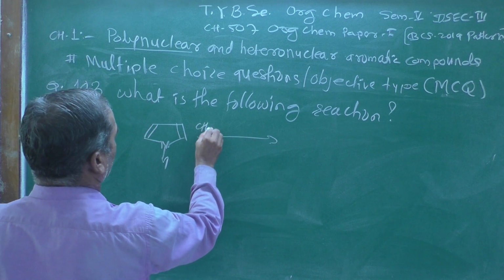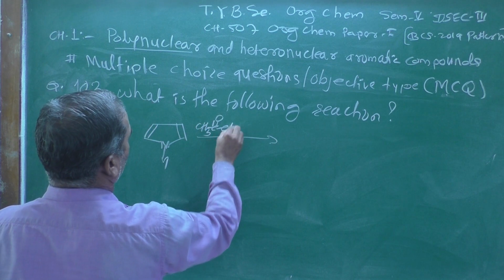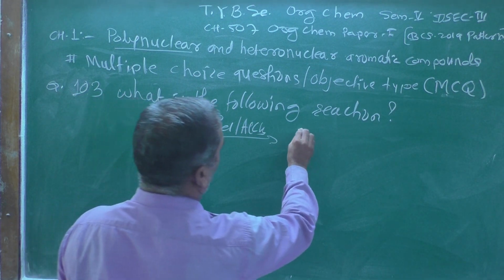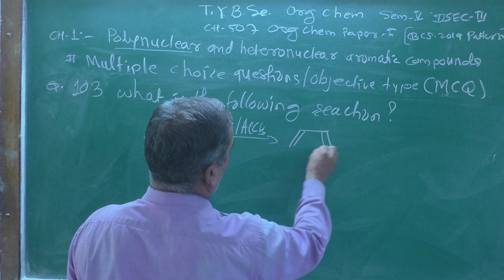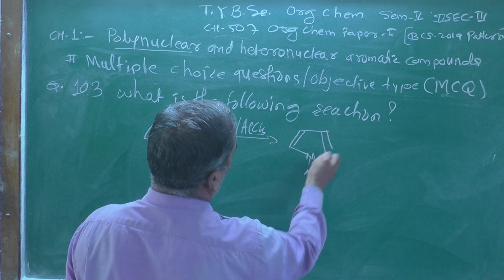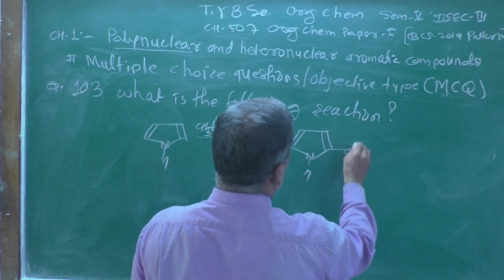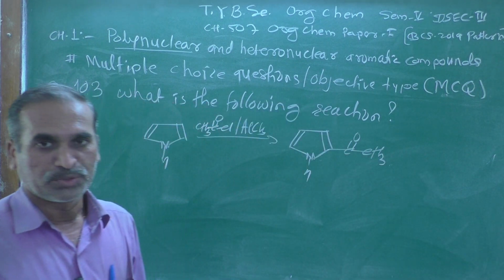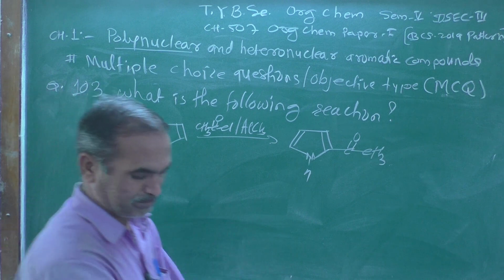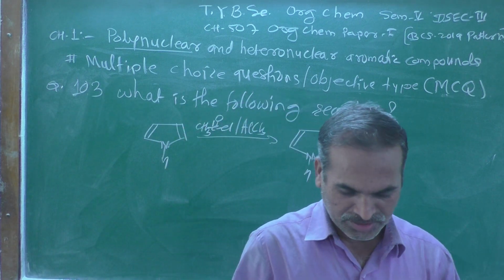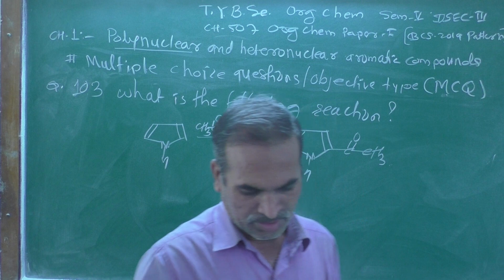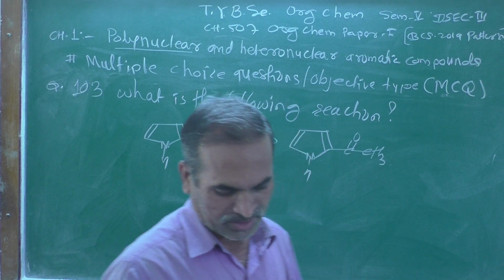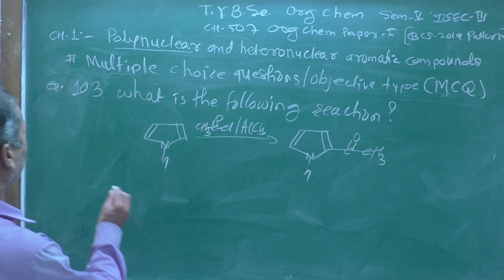The reaction is represented as CH3 C double bond O Cl in presence of AlCl3, and the product formed is NH with an acetyl group attached at the 2 position. Now, what is the following reaction? Look at the options here.